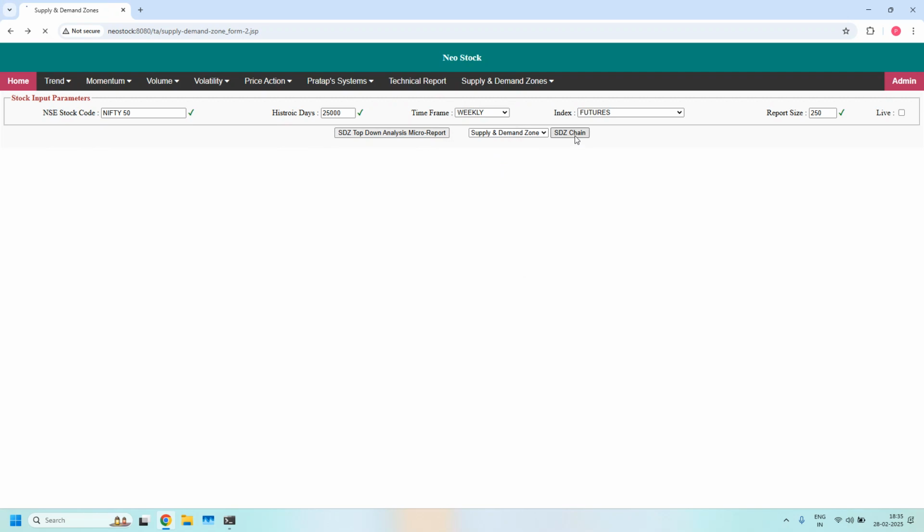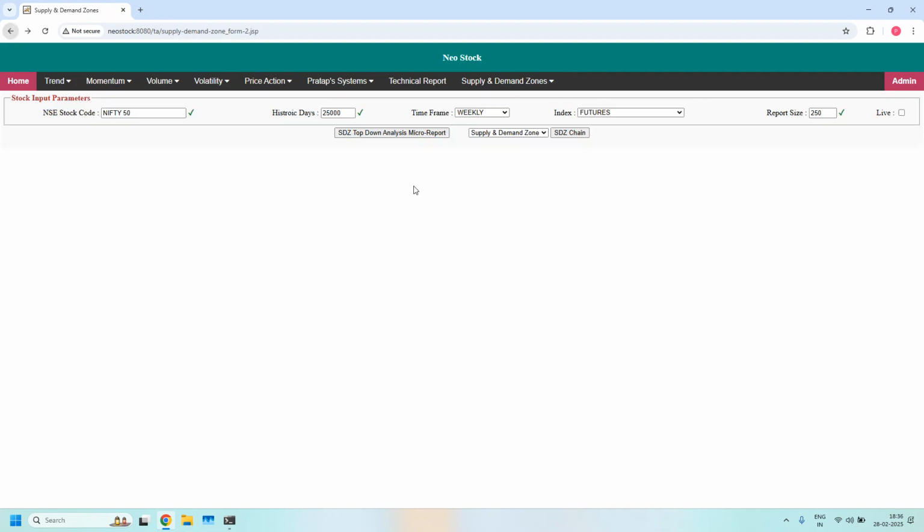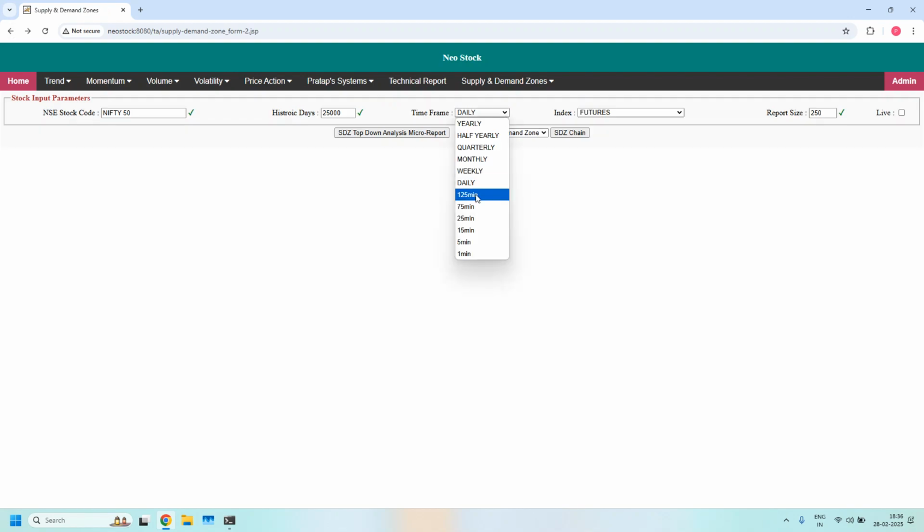Generating weekly supply demand zone chain for NIFTY. Next. Daily supply demand zone chain for NIFTY. Next, 125 minute supply demand zone chain for NIFTY.